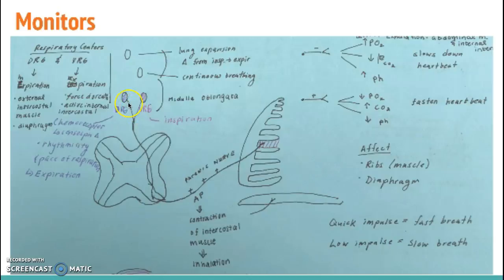So if there is high CO2, it's going to send action potentials from the medulla oblongata down the spinal cord, and it's going to stimulate the intercostal muscles to contract. That contraction is going to quicken our breathing, so you're going to inhale.